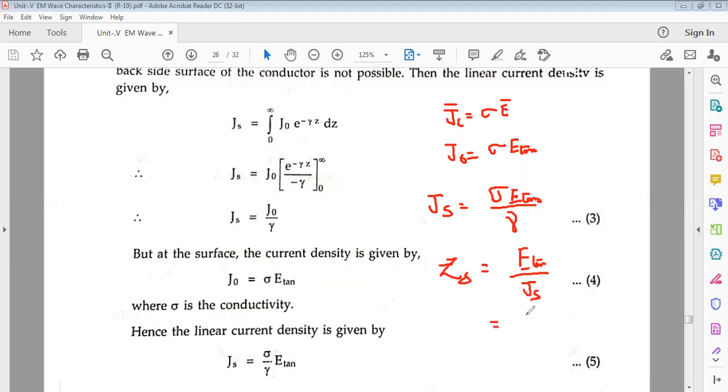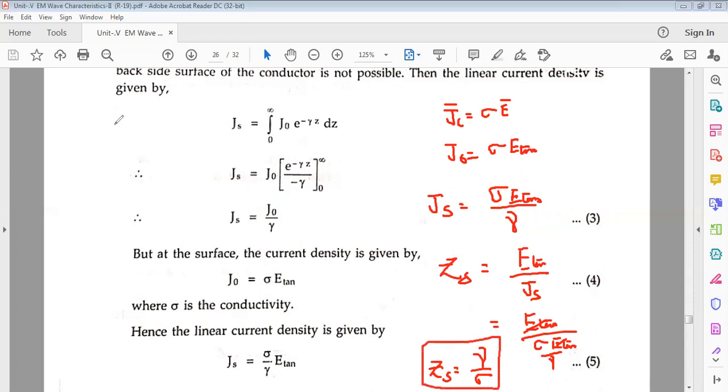We got sigma into E tan by gamma. So E tan and E tan get cancelled. Zs is equal to gamma by sigma.